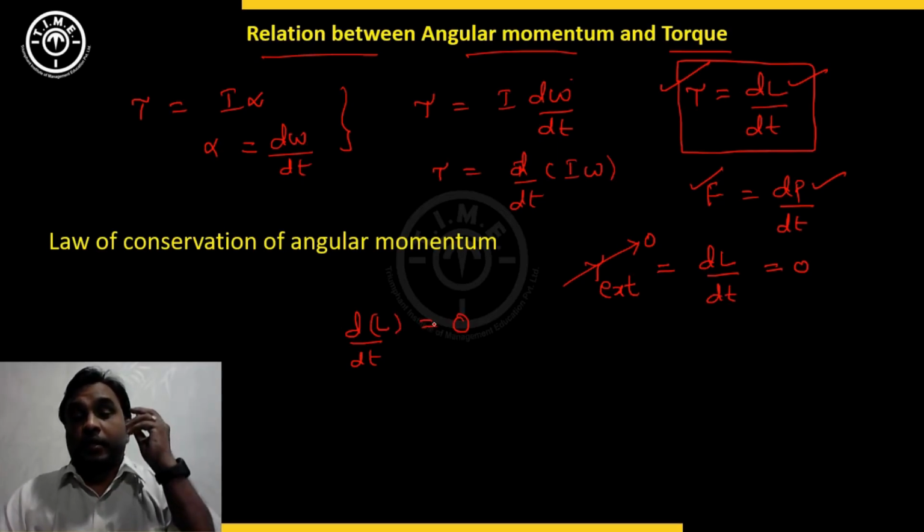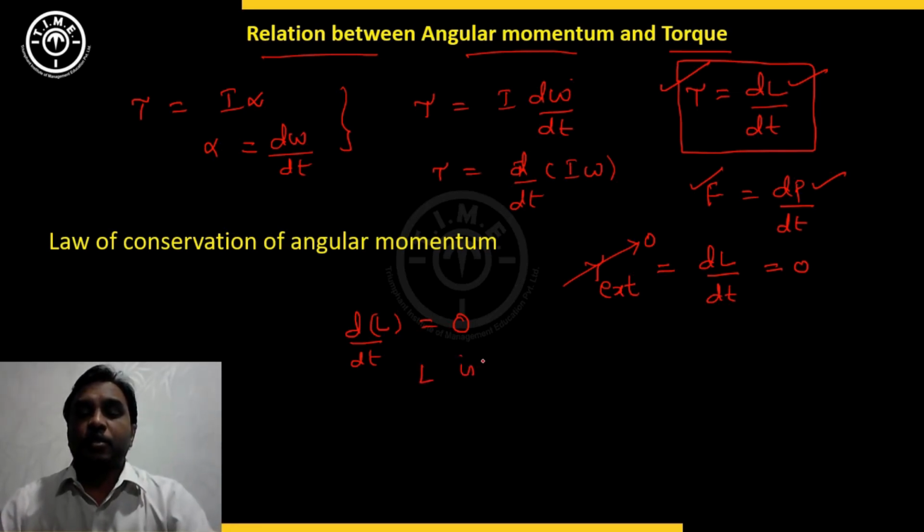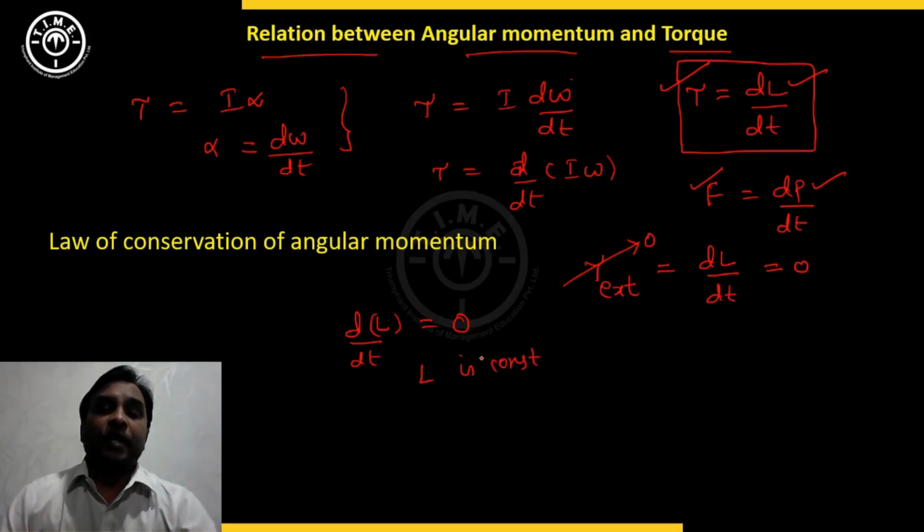So the change of angular momentum with respect to time is 0, which means angular momentum is constant. This is the definition of the law of conservation of angular momentum.